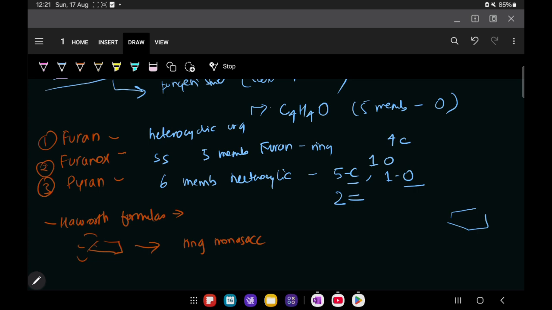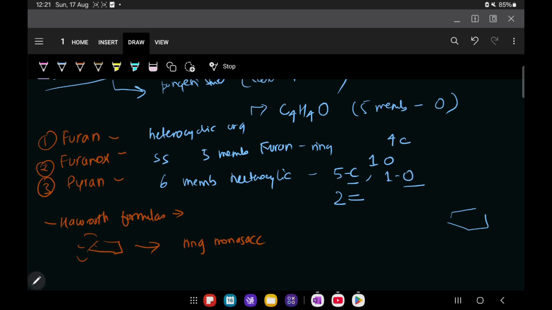That's what we mean by heterocyclic. And heterocyclic rings can be 3-membered, 5-membered and 6-membered. For now, I hope this is a clear understanding.